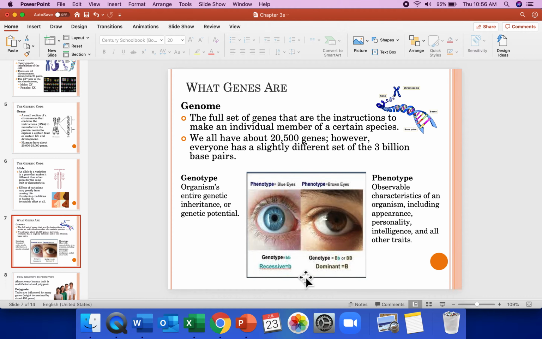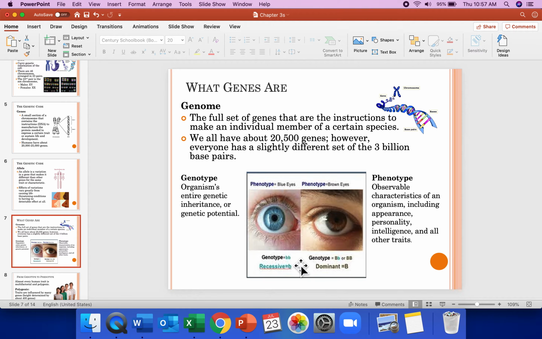So maybe two generations later, you might have a grandchild who is blue-eyed, or maybe your own child comes with blue eyes, even though you have brown eyes and your partner has brown eyes. So this is why your genetic makeup determines pretty much how your phenotype is going to look, and it could actually determine how the phenotype of your offspring might even look.